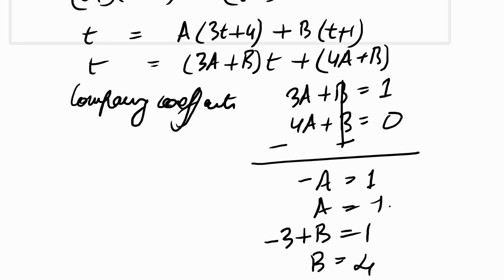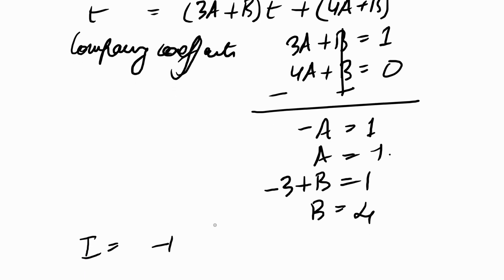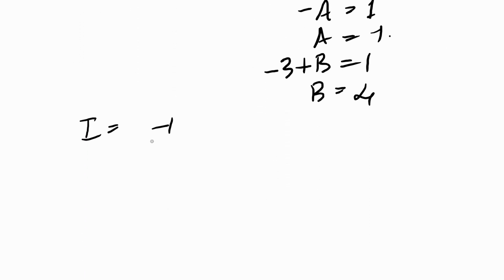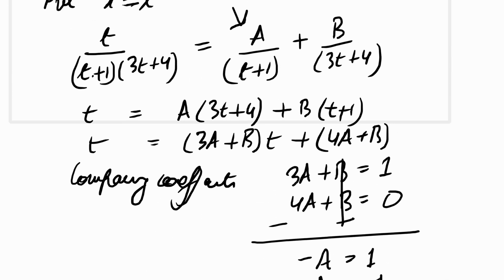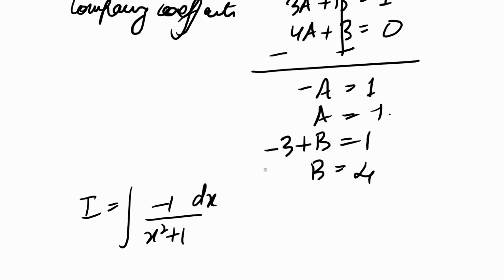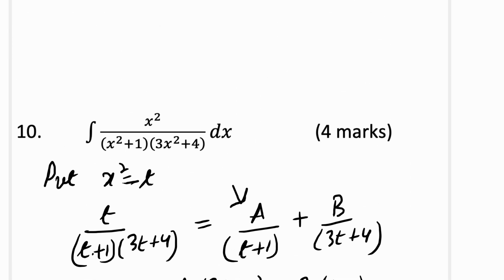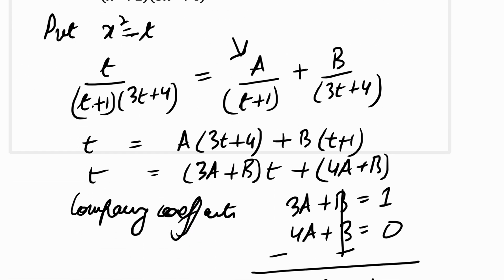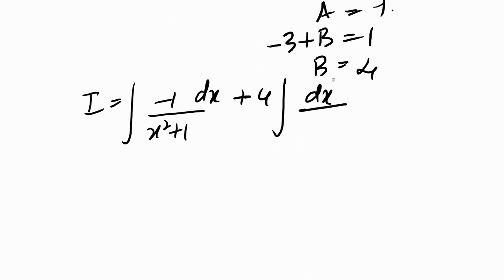So this will become minus 1 upon x square plus 1 dx, and the next one will become plus 4 dx upon 3x square plus 4.